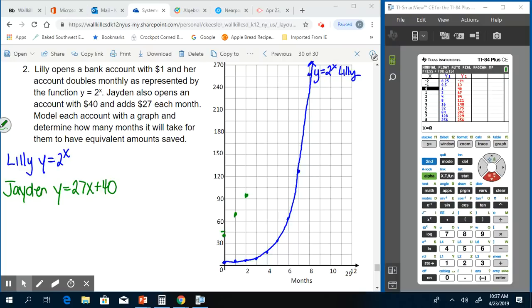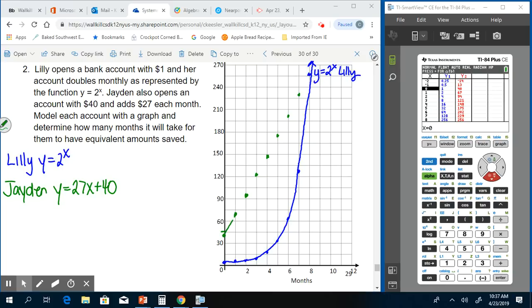Make it look like it's going up and over the same amount each time. 3, 121. 4, 148. 5, 175. 6, 202. 7, 229. And then 8, 256 again.